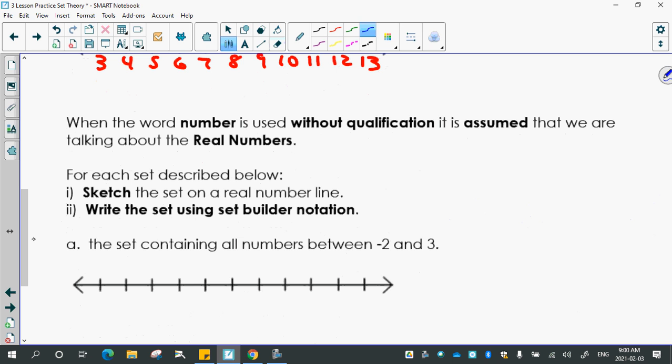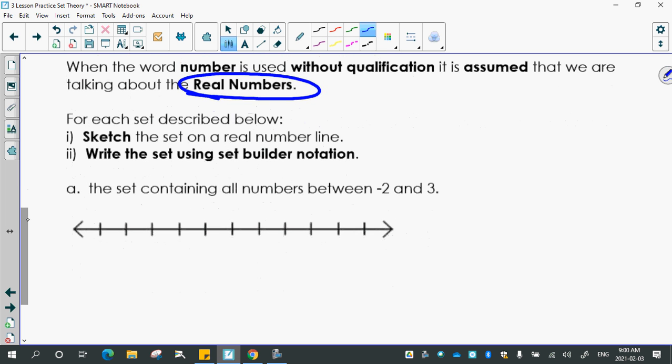All right, when the word number is used without qualification, so they don't say integer, they don't say natural number, they don't say whole number, you assume that we're talking about the real numbers. Okay, so that means every little space filled in. So when it's a set of real numbers, it is impossible to list them out.